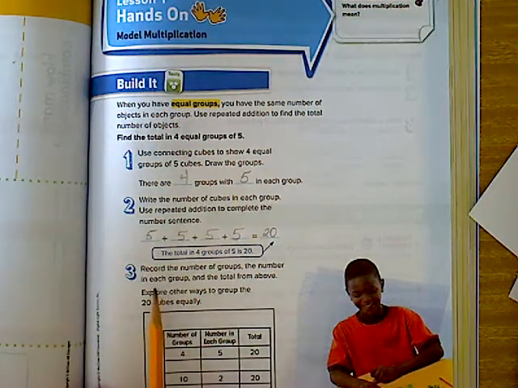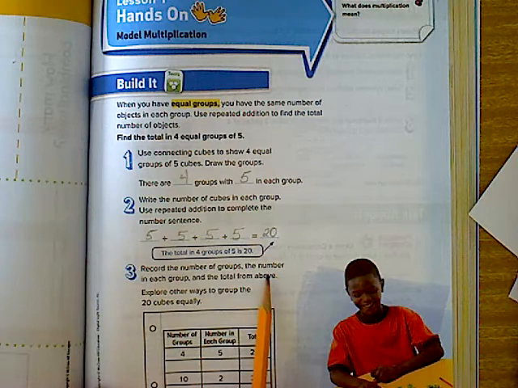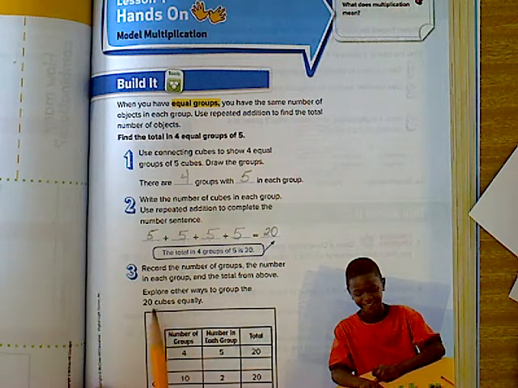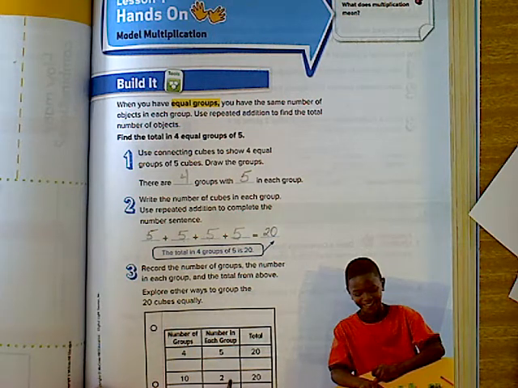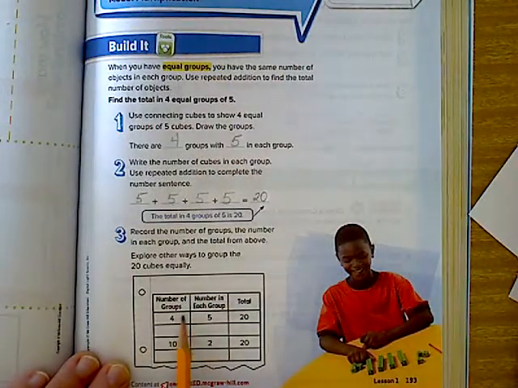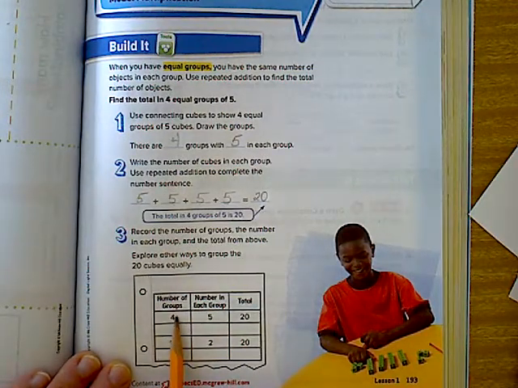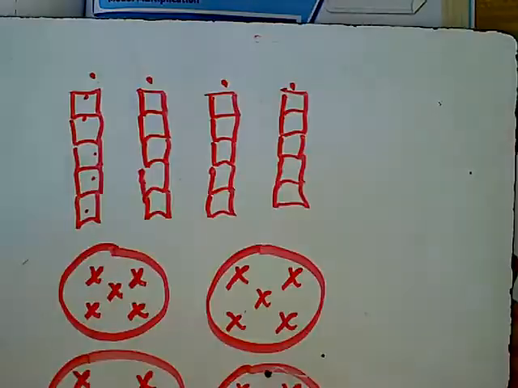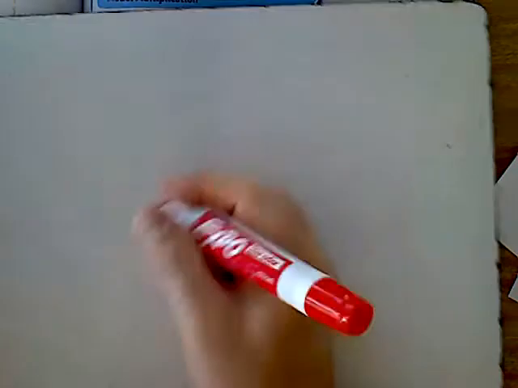Now, down here it says record the number of groups, the number in each group, and the total from above. Explore other ways to group the 20 cubes equally. Aha, okay, we're going to do a little bit of exploring here. One way was to make 4 groups with 5 in every group. Now, if I had exactly 20 things, this time I'm going to do it a little differently.